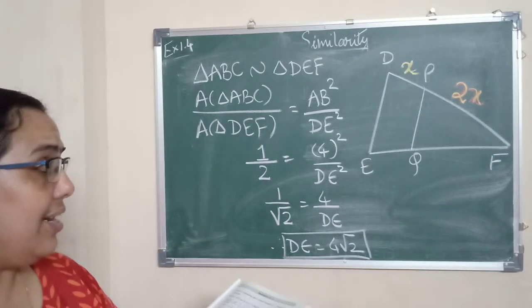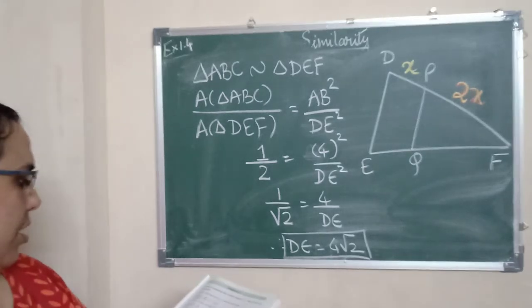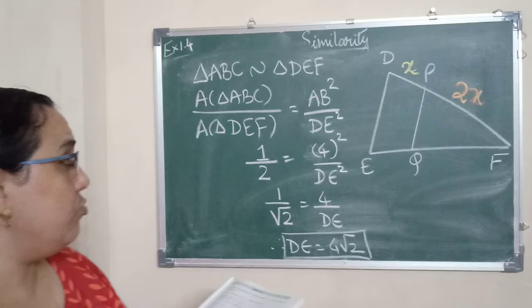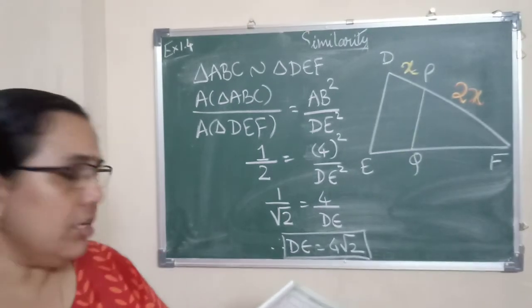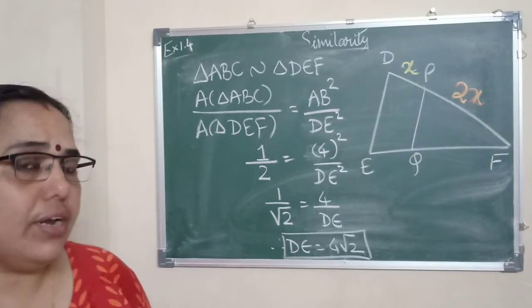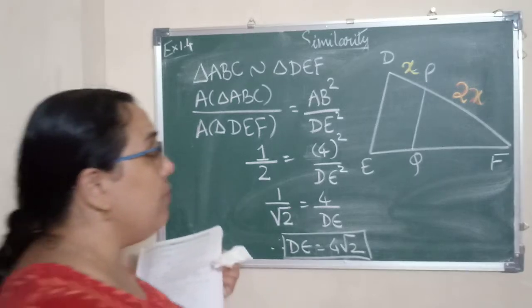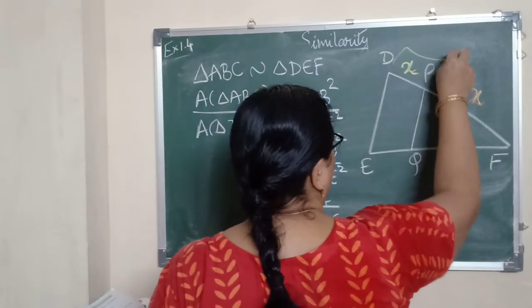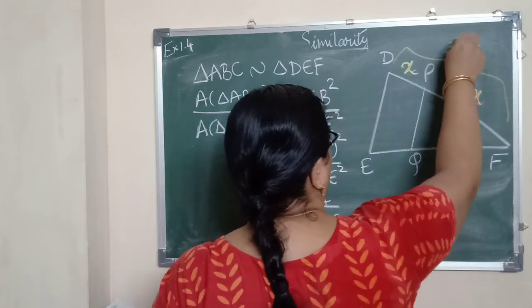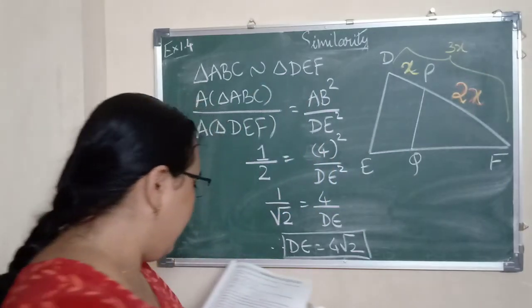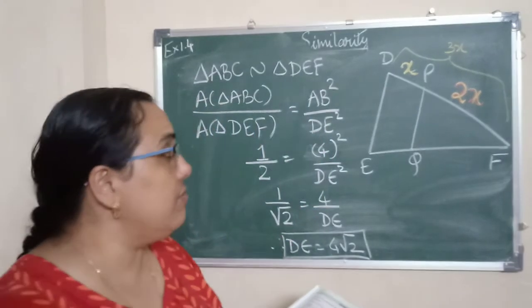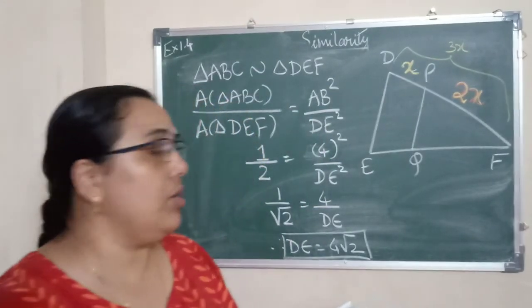Got it? Further, what is given? PQ is parallel to DE. If PQ is parallel to DE, keep in mind we have certain things to do there. Further, we just go according to the activity, we go on filling the boxes. What is DF? X plus 2X. So therefore DF will be 3X. Correct. And now, are the two triangles FDE and FPQ similar?